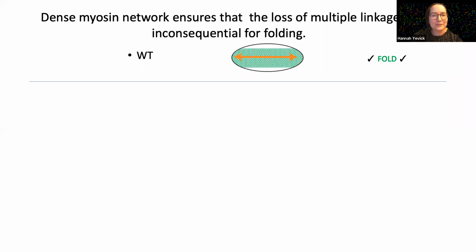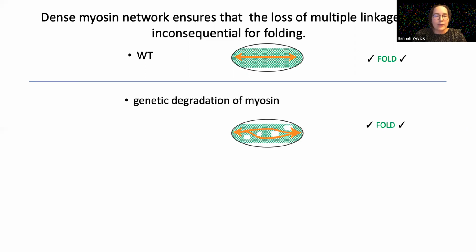So to conclude here, we see, interestingly, that the wild type embryo actually creates many more linkages than is minimally needed to fold the tissue. While that might be surprising, because you would imagine it costs energy to form all of these network connections, it actually allows the tissue to be highly robust to different types of perturbations which result in localized damage in the system or localized loss of connections.